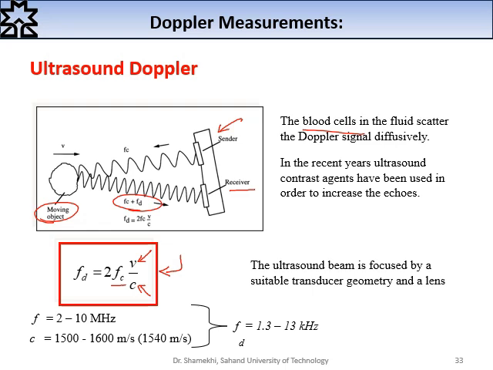We should stay focused on the moving objects, on the fluid path, to maintain the accuracy of our measurements. And as you can see, some examples of numbers to find the Fd. Remember that the Fd, the shifted frequency, is proportional to the center frequency, also to the velocity of the fluid.